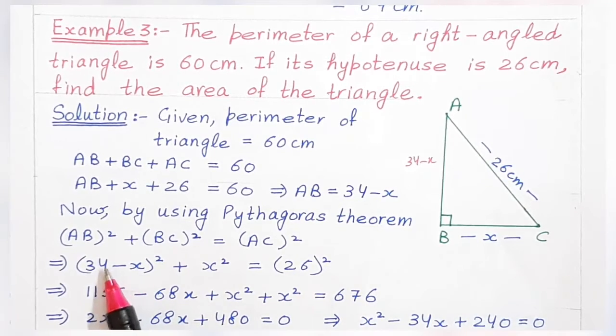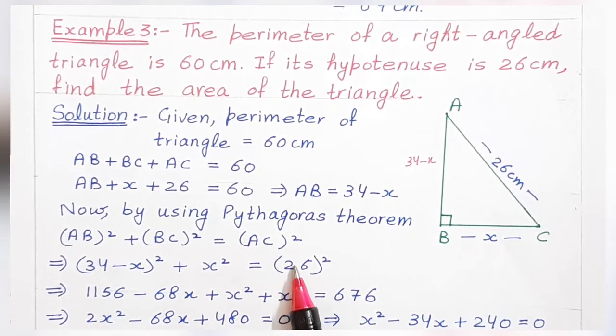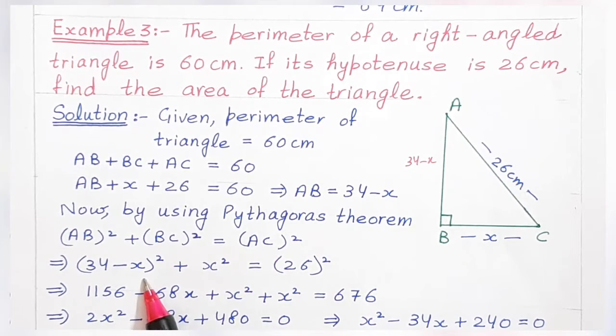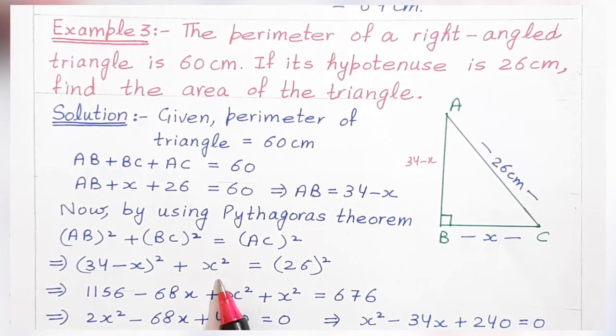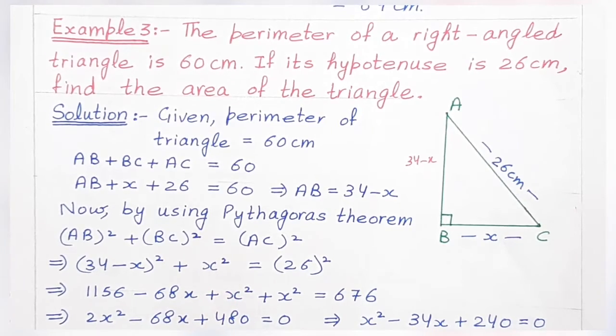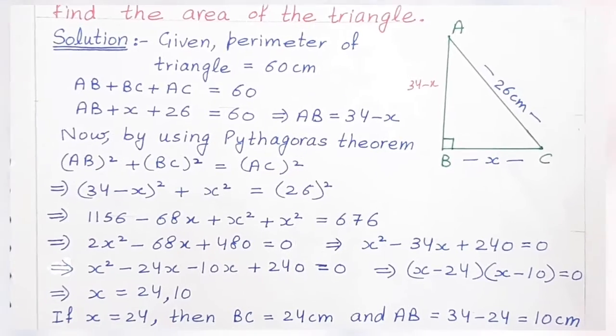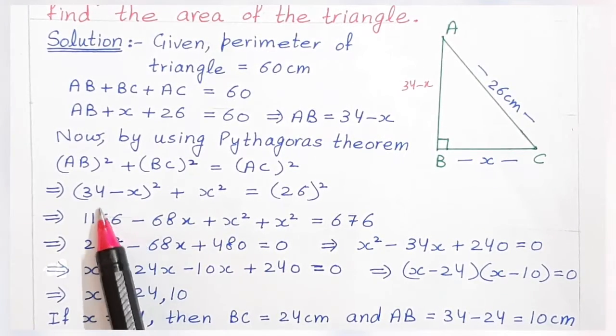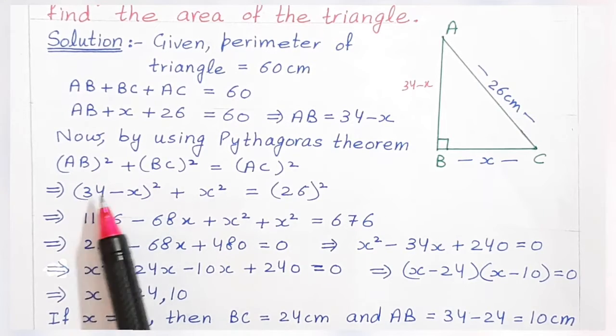Now, by using Pythagoras theorem, AC square is equal to AB square plus BC square. So that is 26 square is equal to (34 minus x) square plus x square. Now students, it is very important to apply the formula here. See, there are two terms, 34 minus x whole square. So we are going to apply the formula (a minus b) whole square.